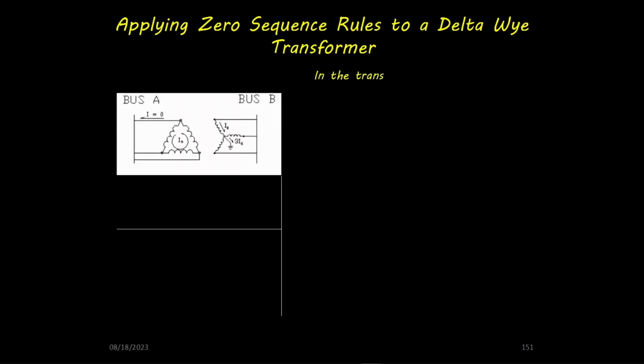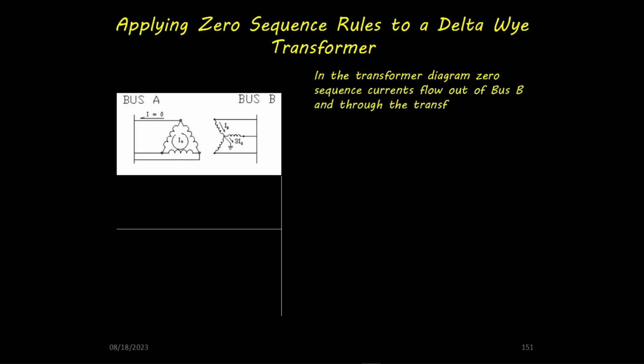In the transformer diagram, zero sequence currents flow out of bus B and through the transformer windings.